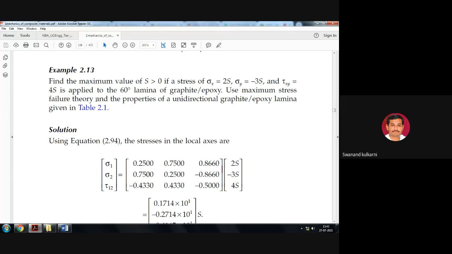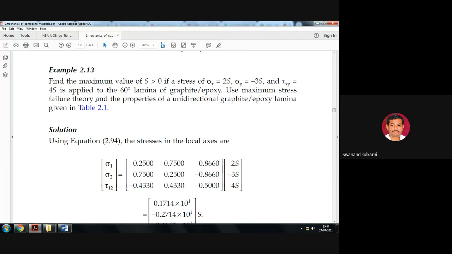It is applied for a 60-degree lamina of graphite epoxy, and by using the maximum stress failure theory and the properties of unidirectional graphite epoxy lamina, we have to solve this example and identify the values of sigma 1, sigma 2 and tau 12.